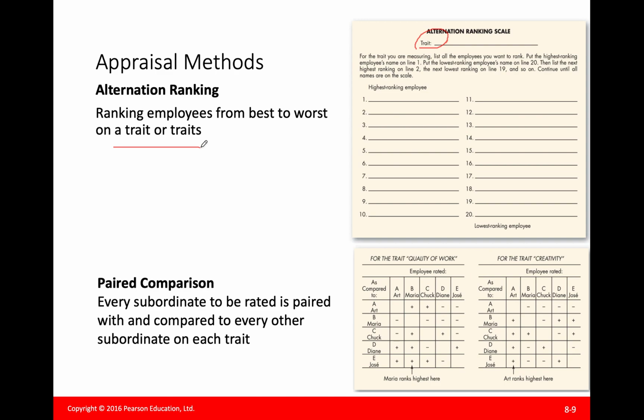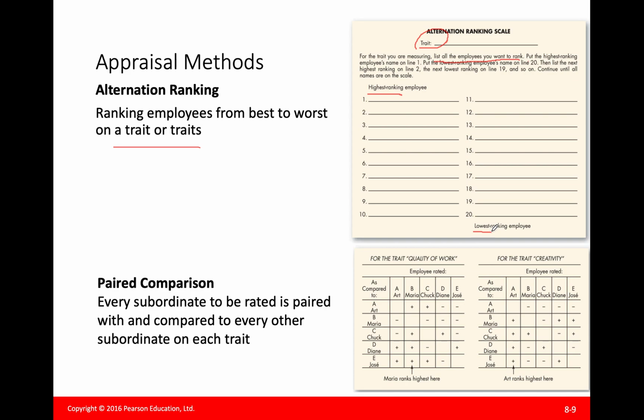For each of the traits, each of the job dimensions, they list all the employees we want to rank, and they rank those employees from the best to the worst, from highest to lowest.